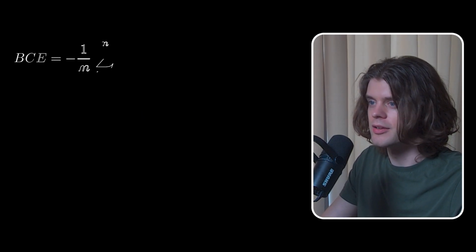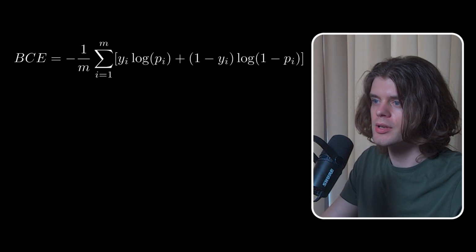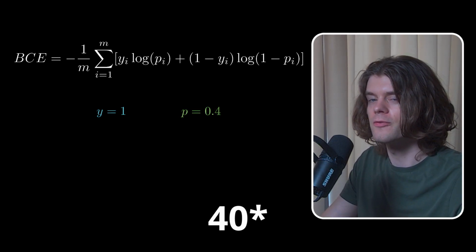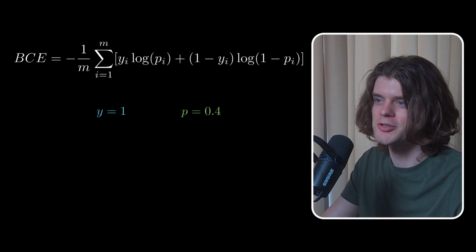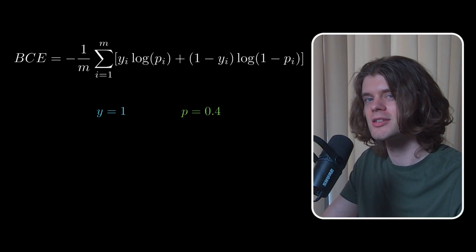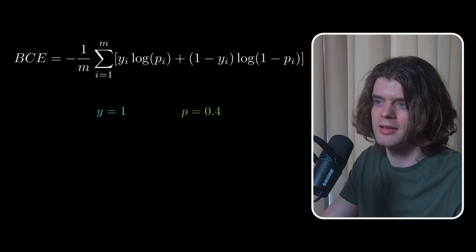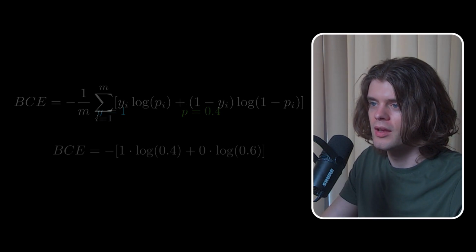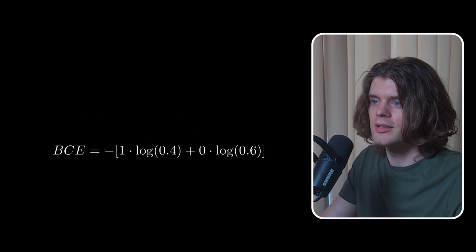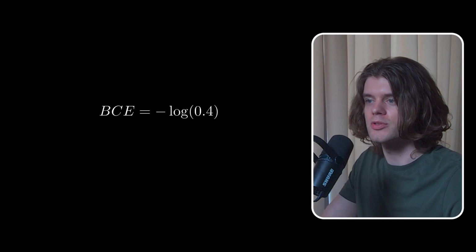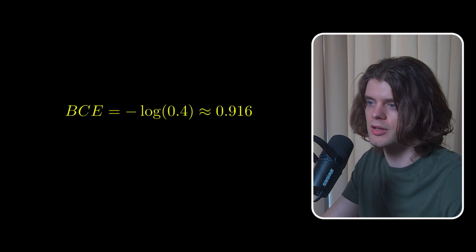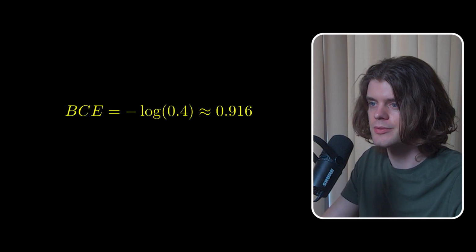Let's slide a little further in the wrong direction, and the model is now only 30% sure. So it actually leans toward not a cat or a dog, a negative class, and the label is still 1. So we compute the loss, and now it almost triples to 0.92, signaling some more serious mistakes.